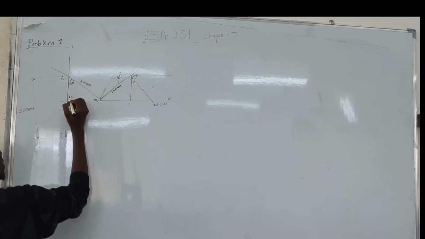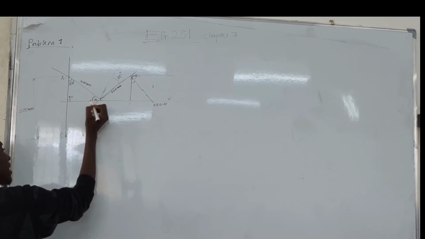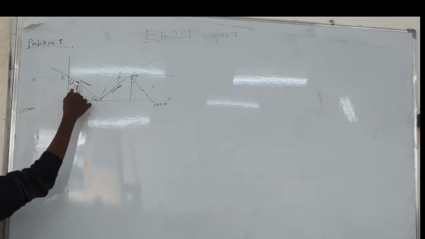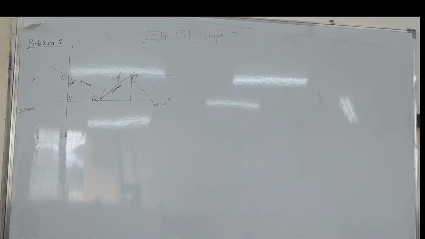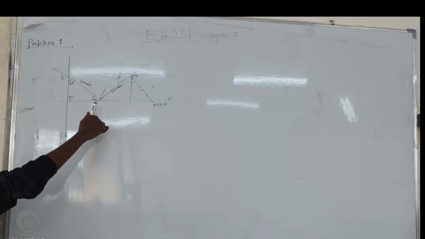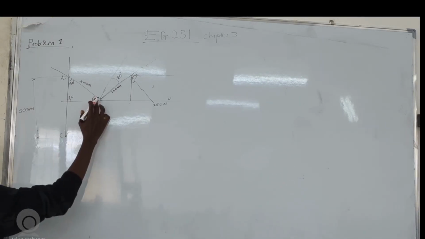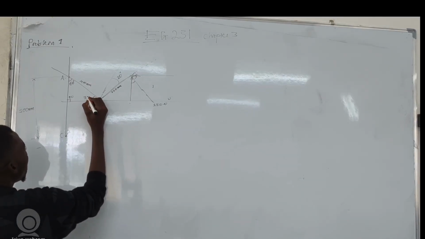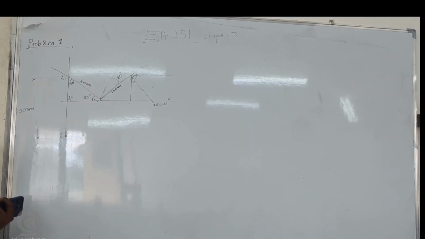Since you have two angles here, you can find the missing angle. Angles in a triangle add up to 180, so the angle there is 30 degrees. Have you seen how we are going so smooth?